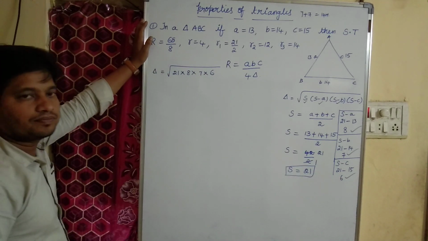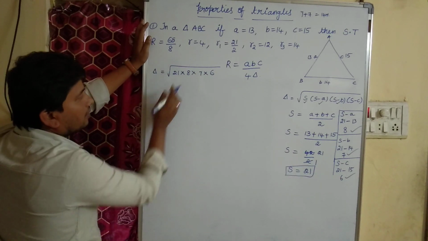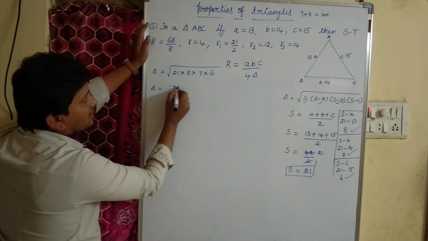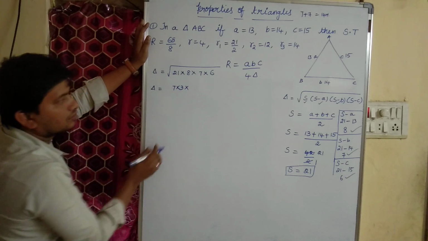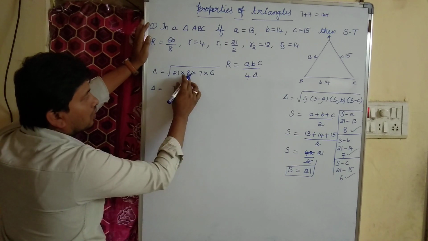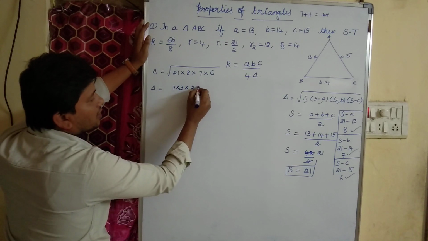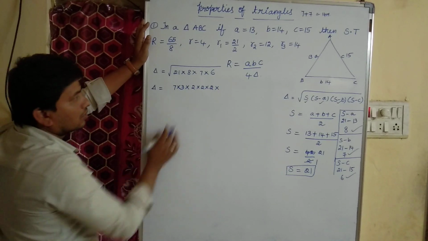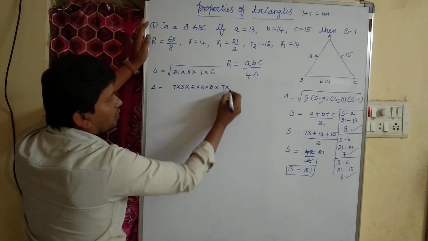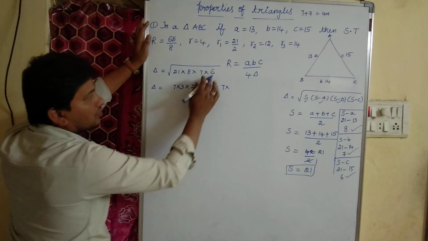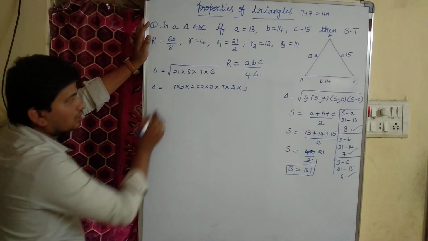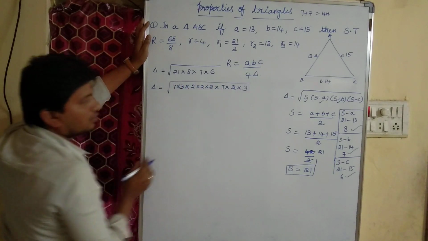What I will do is write 21 as 7 into 3, this 8 as 2 into 2, and this 7 as 7 only, whereas 6 I can write as 2 into 3, that is root over.